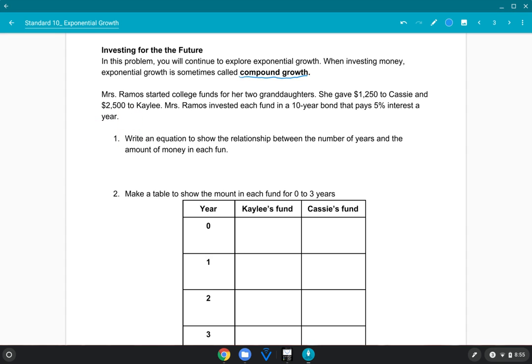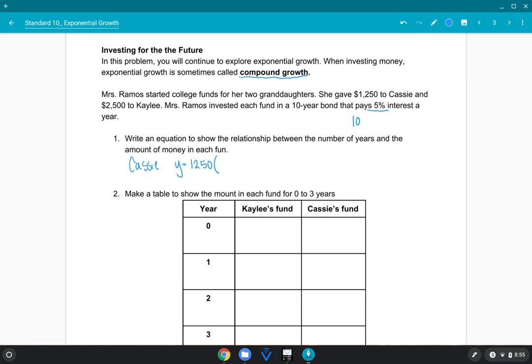Okay. Write an equation to show the relationship between the number of years and the money in each fund. Let's talk about Cassie first. Y equals, how much money was Cassie given right away? $1,250. And hers is gaining interest, right?